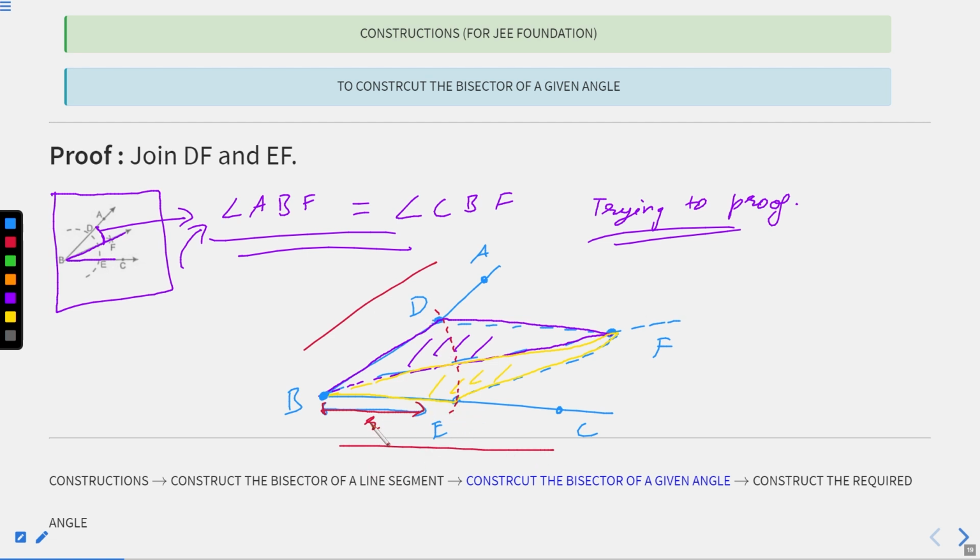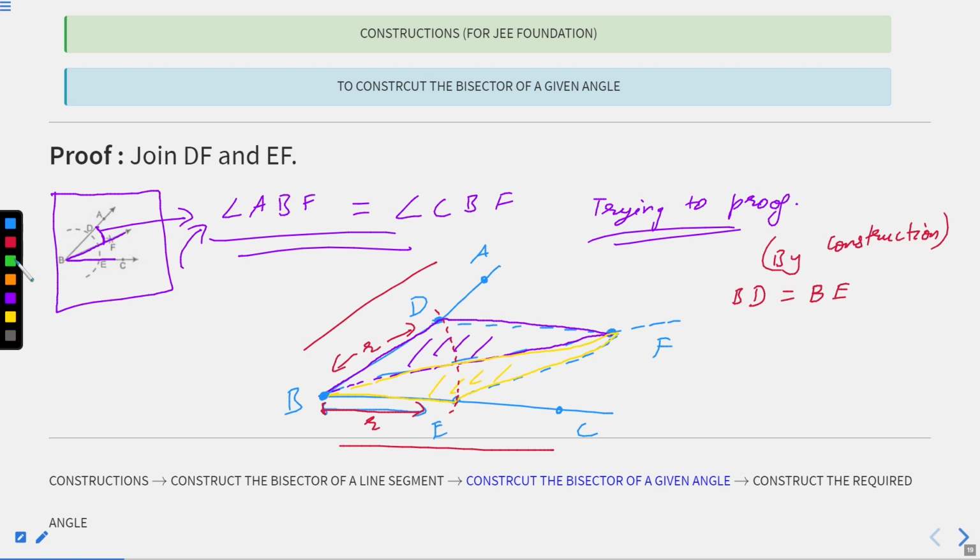So this length is R and this length is also R. So we can easily say BD is equal to BE by construction. We have already done the construction in such a way that BD is equal to BE.